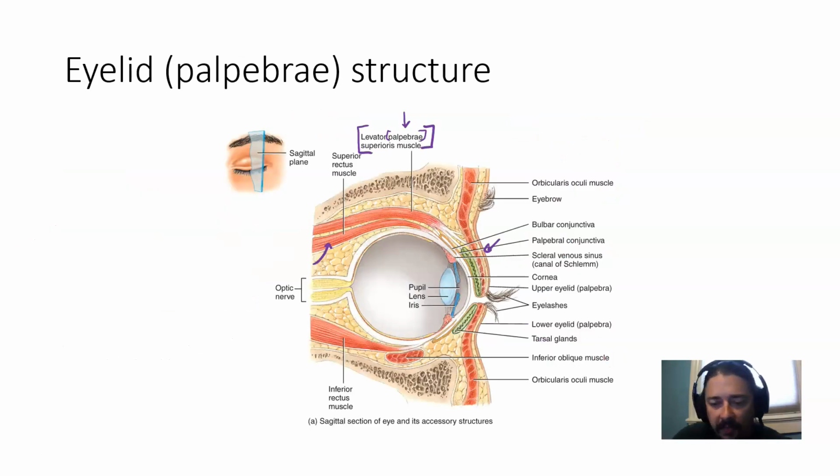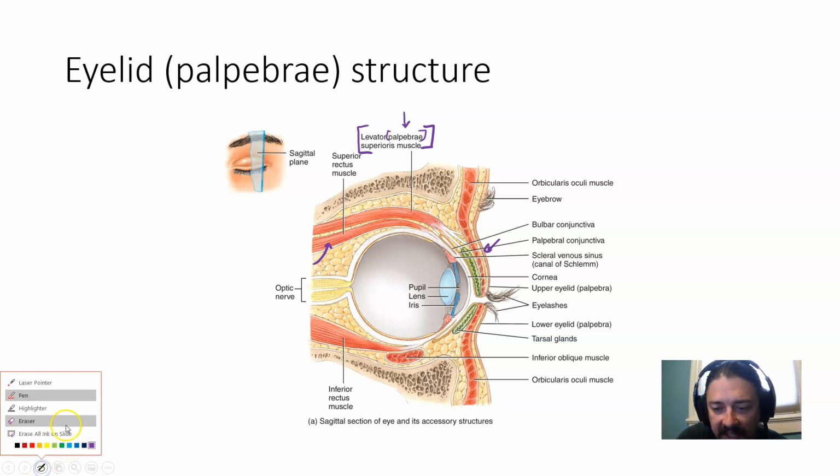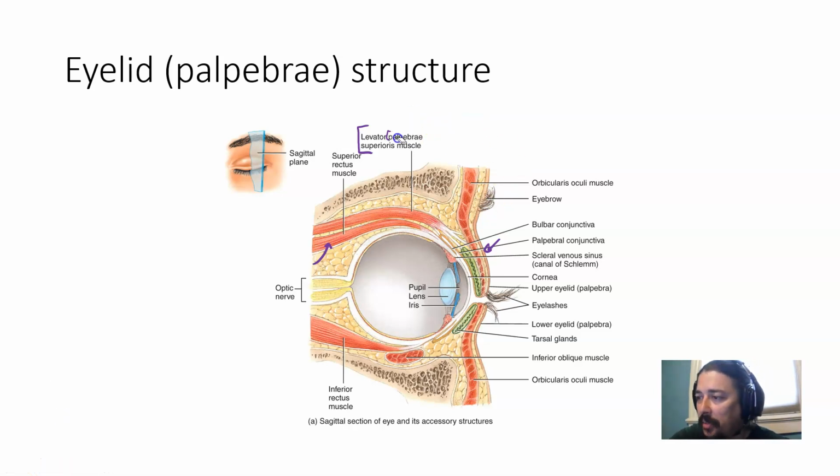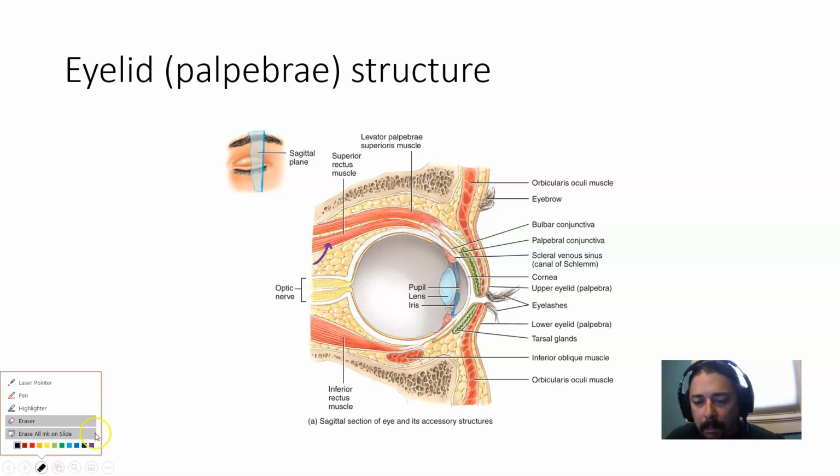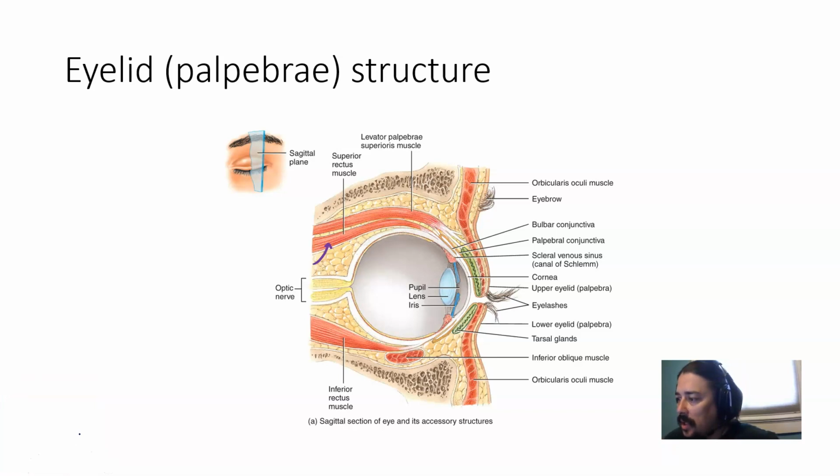I didn't know where to fit it in, but I wanted to talk very briefly about the eyelids. Right, in your eyelids, you've got a tarsal plate that gives structure to the eyelid.